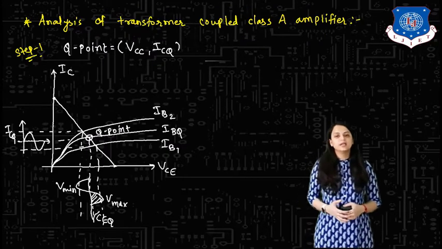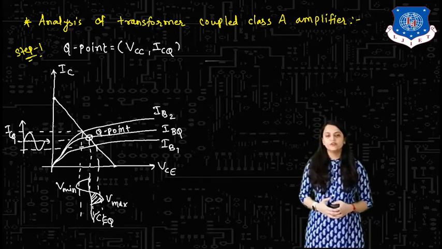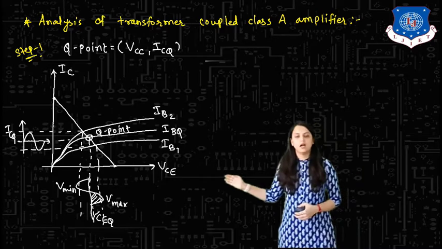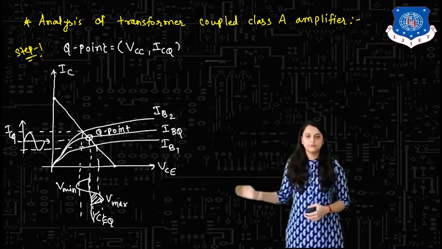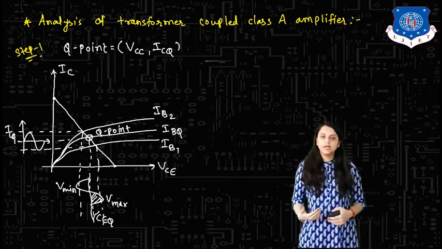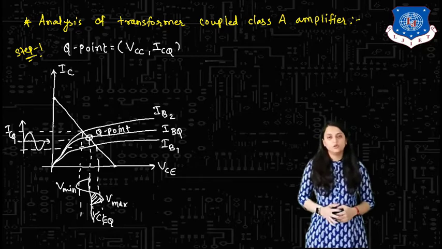To analyze the transformer coupled class A amplifier and obtain the efficiency, step 1 is to obtain the Q point. Here the graph of IC versus VC is indicated, where the Q point is VCC, ICQ. We know that this is a class A amplifier, where the Q point is adjusted at the center of the load line.